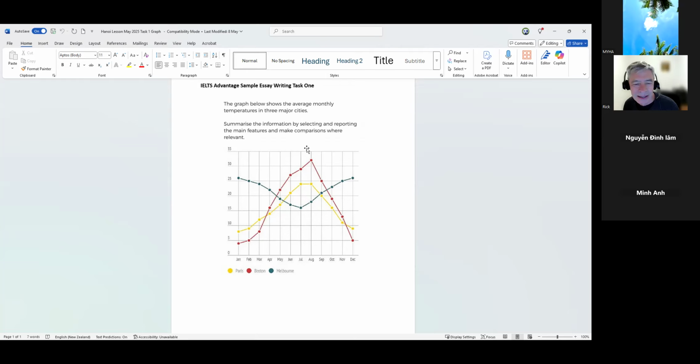Melbourne goes down and then it goes up. It does, but I'm looking at something else. When does Boston have its highest temperature? In August. Good.